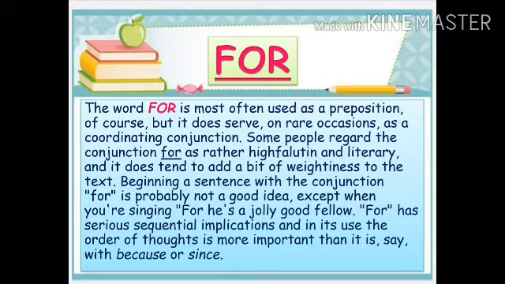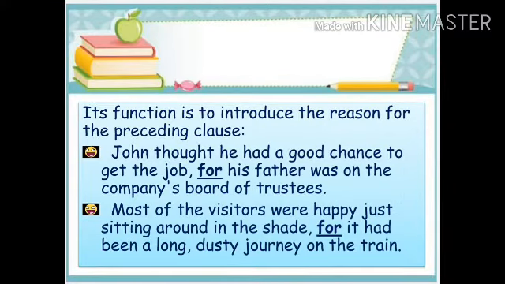For has serious sequential implications, and in its use, the order of thoughts is more important than it is, say, with because or since. See some more examples. It functions to introduce the reason for the preceding clause.